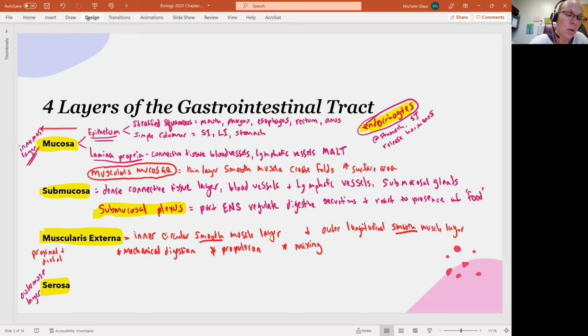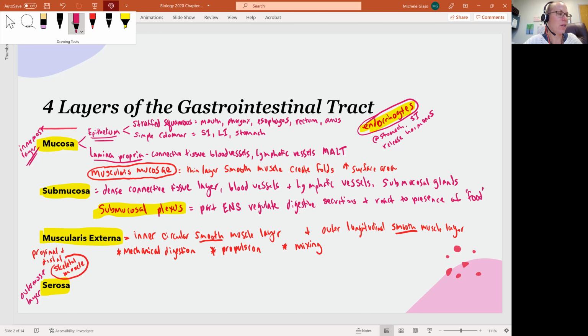We'll see we have skeletal muscle instead. And so that's going to give us conscious control of both swallowing and defecation. So by having skeletal muscle at the proximal and the distal ends, we get conscious control over swallowing and defecation.